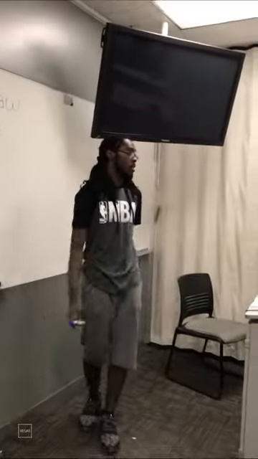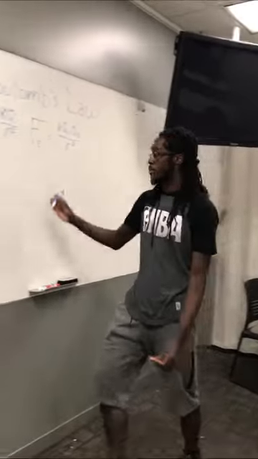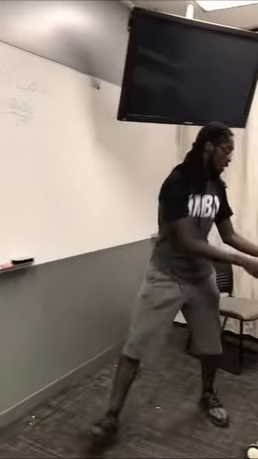Okay, so now we're going to take a look at an example problem called three charges in a line. Let me see how they set it up in the book.